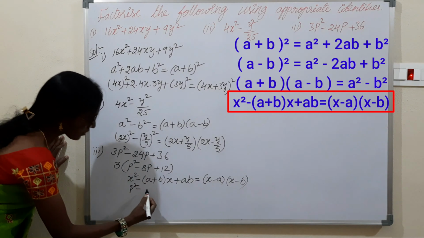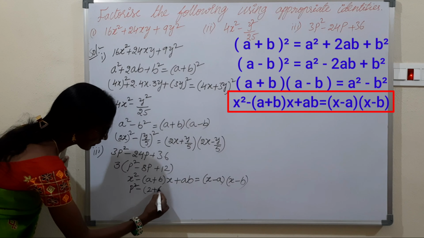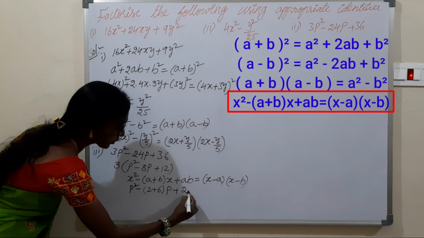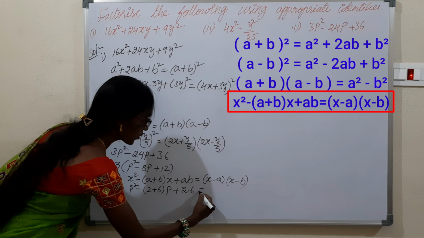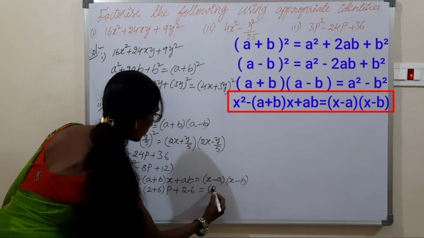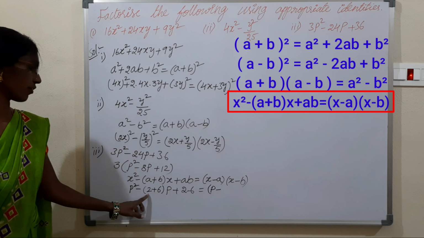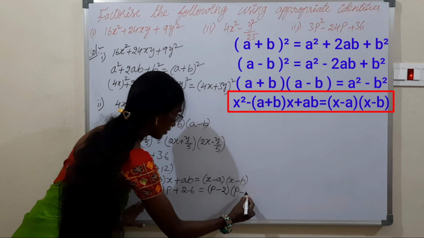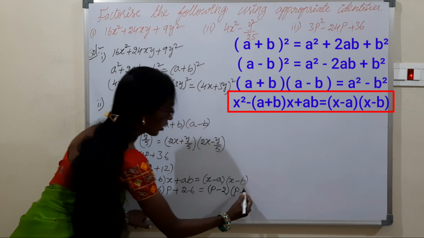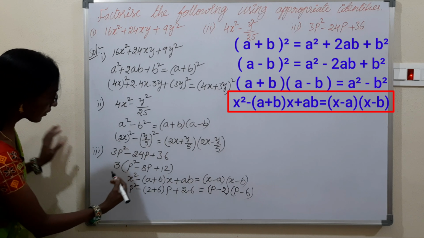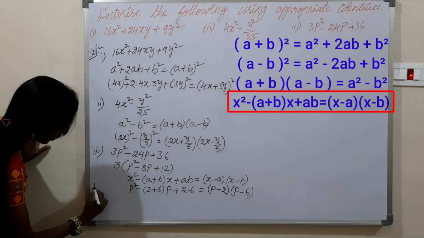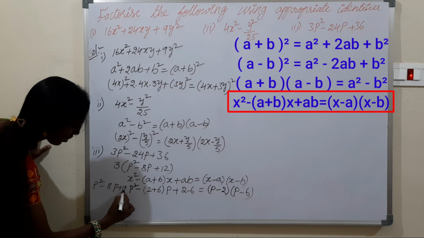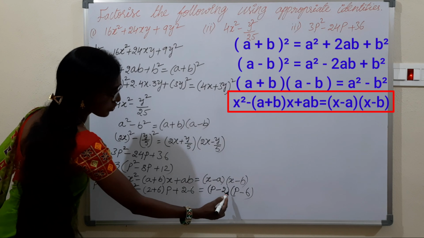So we can express this as p square minus 2 plus 6 into p plus 2 into 6, which is equal to p minus, in the place of a we have 2, so p minus 2 into p minus, in the place of b we have 6. This is p square minus 8p plus 12 equals p minus 2 into p minus 6.